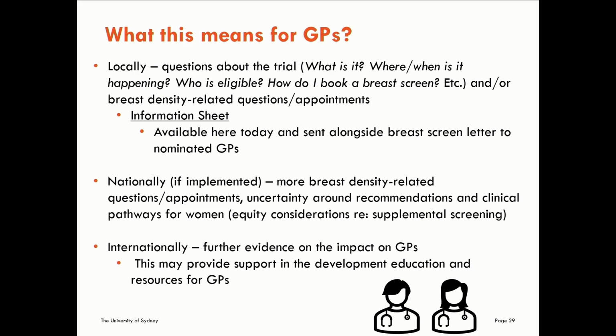Like I said, there hasn't been much work done on this internationally, and a lot of people are saying it hasn't been rolled out in the best way to help GPs and clinicians have these discussions and support them. This may provide that kind of support in the development of education and resources.